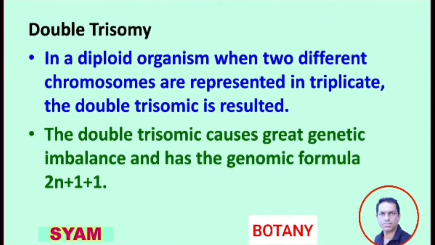Double trisomy. In a diploid organism, when two different chromosomes are represented in triplicate, a double trisomic results. The double trisomic causes great genetic imbalance and has the genomic formula 2n plus 1 plus 1.